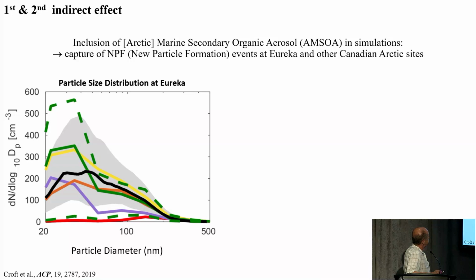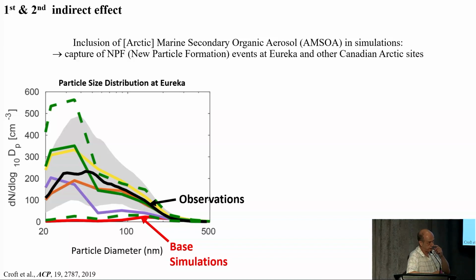At Eureka, the measurements, in black, are measurements of particle size distribution measured with the SMPS again, and then we ran a model trying to predict this particle size distribution, and it totally failed. But you remember the secondary organic aerosol plot that I showed before.